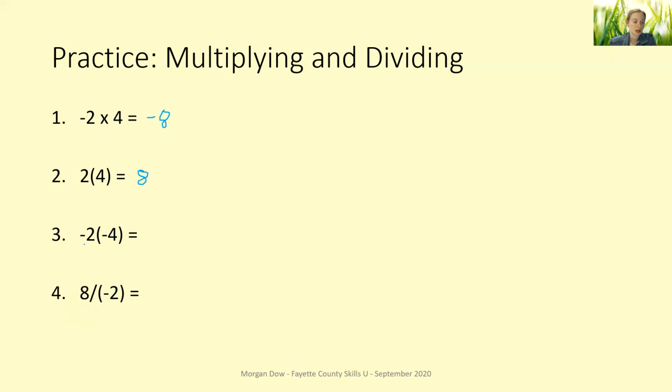Number 3, -2 times -4, same signs, so we're going to get a positive result. And then number 4, we've got 8 divided by -2, right? Means the same thing. We've got different signs, positive and a negative, so we're going to get a negative result.